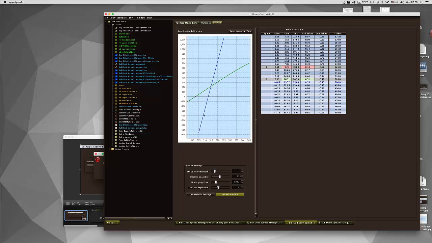I could actually play around with these and find a more profitable combination, and maybe what I need to do is have a better risk-reward ratio. But the point I was making is that by default the debit spread has a capped risk, which is one of the nice things about it.